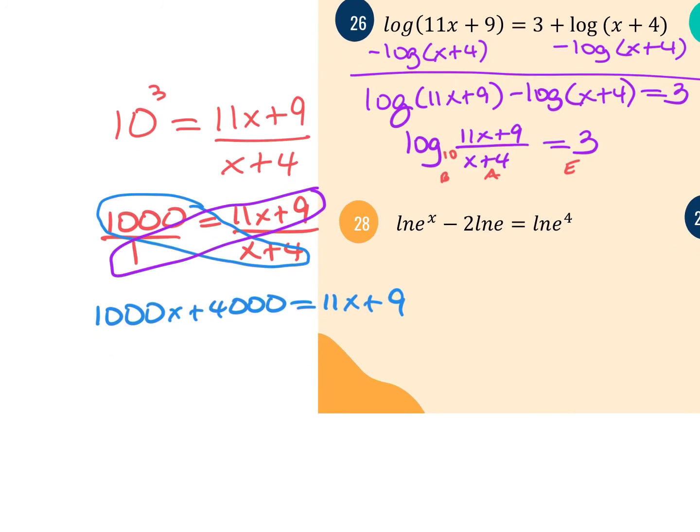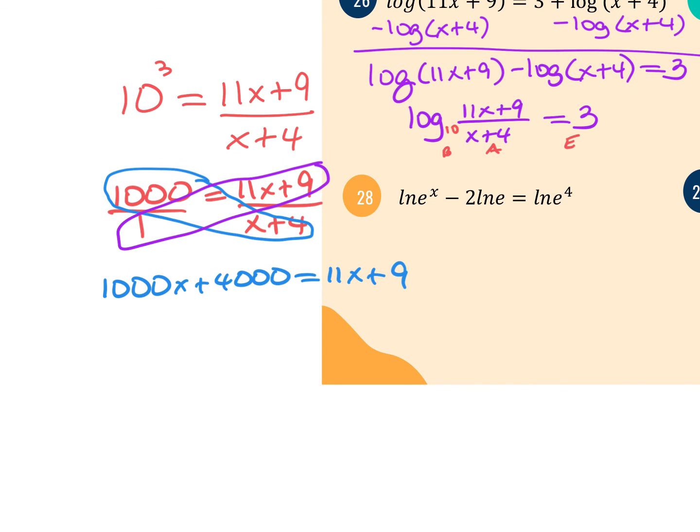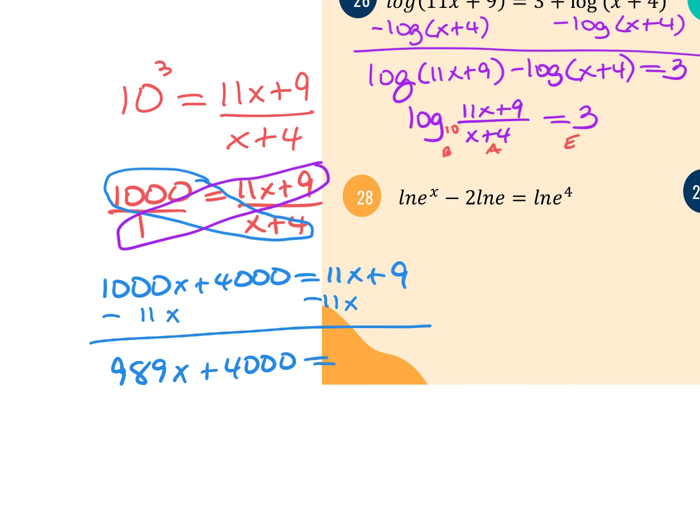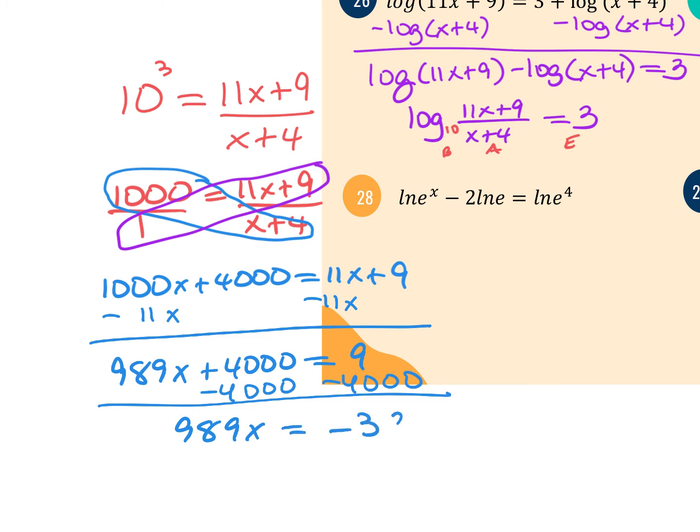I need to get my x's together, so I could subtract 11x. I get 989x plus 4,000 equals 9. Subtract 4,000. 989x is equal to negative 3,991.